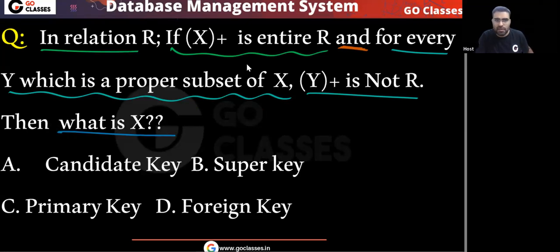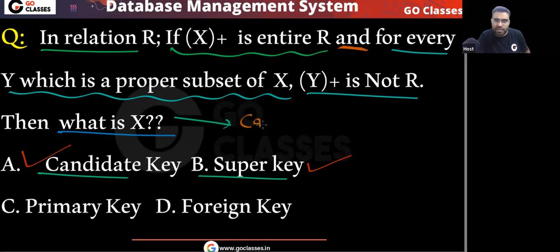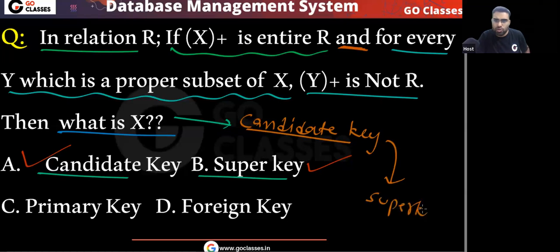Here the answer will be candidate key, also super key, because every candidate key is also a super key. Yes or no? So here the answer will be option A, option B. Is this clear? In this situation I can say that this x will be a candidate key. And remember, every candidate key is also a super key. So your answer will be option A, option B. Is this clear? Please tell me.